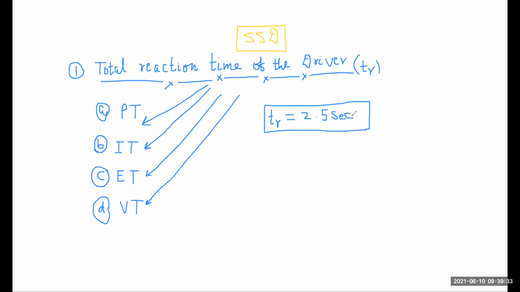You can see here the total reaction time value is very small. Within the 2.5 seconds, certain microseconds are for perception, for intellection, for emotion, and for violation. These four times combined will make the total reaction time of the driver. So the first one is your perception time.